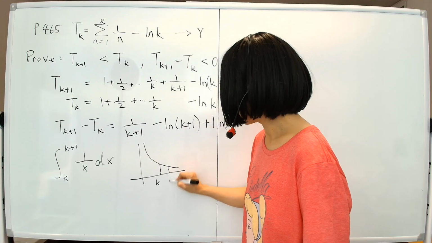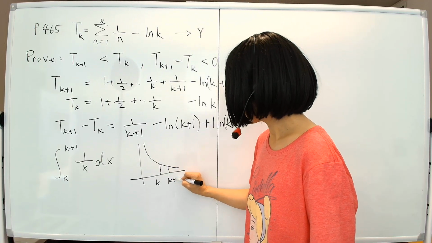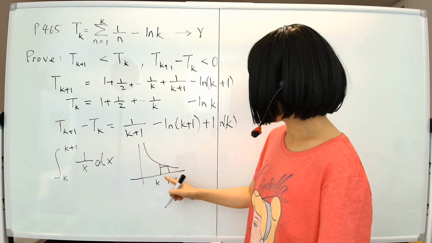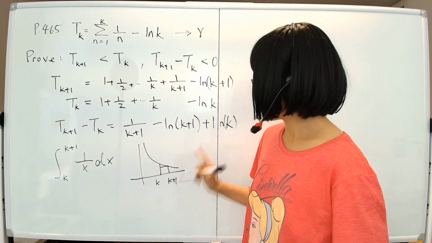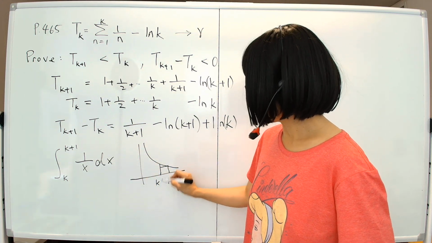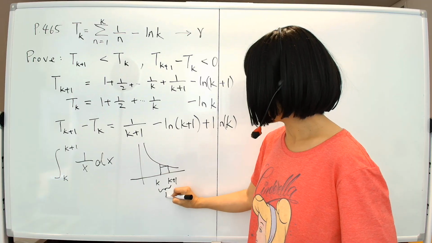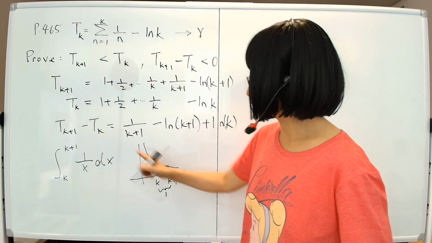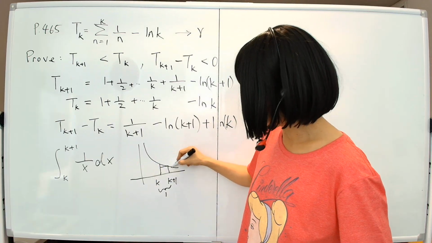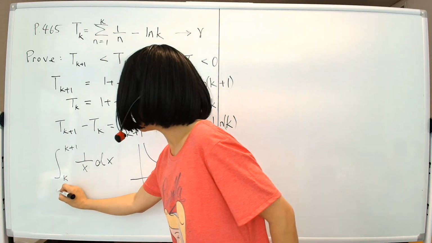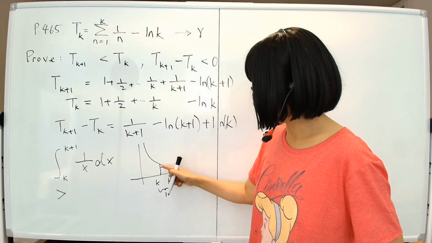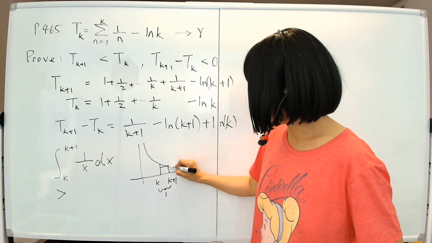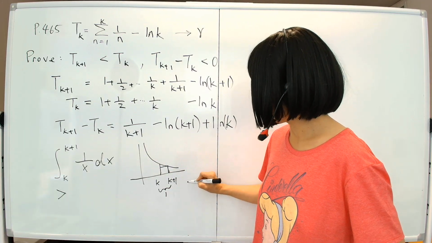And here is k plus 1. Now this integral from k to k plus 1 is bigger than... this distance is just 1, right? The area under the curve, everything down here, is bigger than the area of this rectangle.